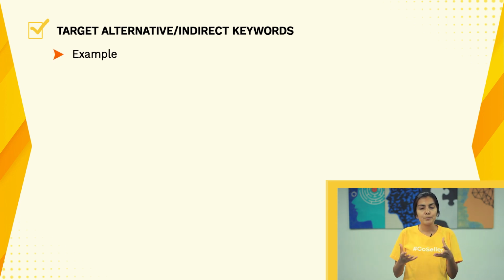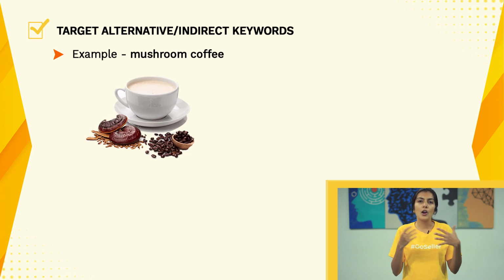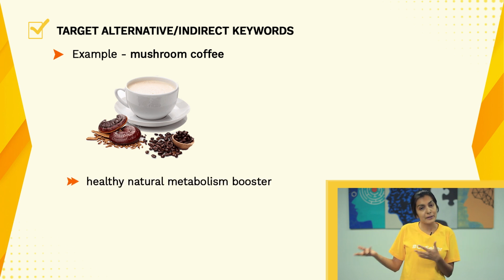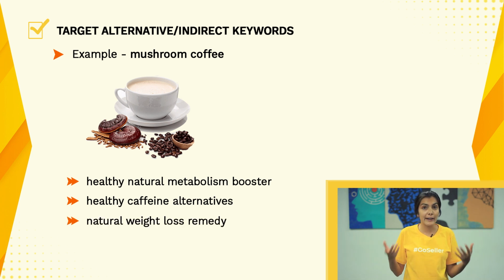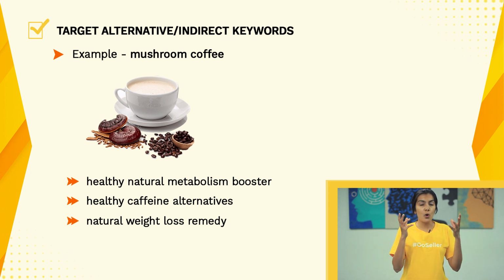For example, if you're selling mushroom coffee, a lot of people might be searching for products like a healthy natural metabolism booster, healthy caffeine alternatives, or natural weight loss remedy. All of these are alternative keywords for mushroom coffee.